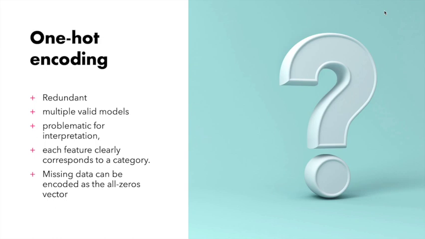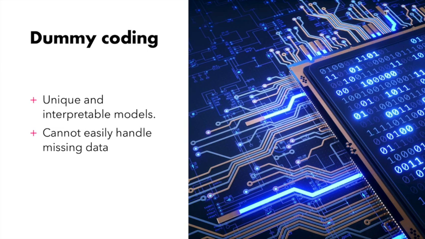Moreover, missing data can simply be encoded as all 0 vectors, and the output should be the overall mean of the target variable. But when we get to dummy coding, it is not redundant like one hot encoding, and this makes it possible to have unique and interpretable models.